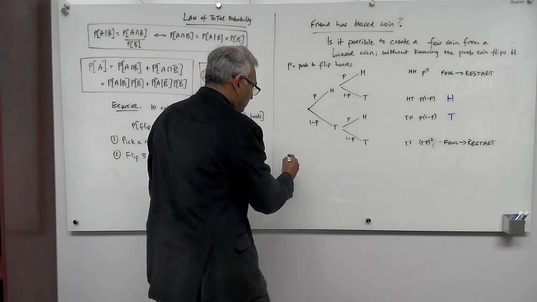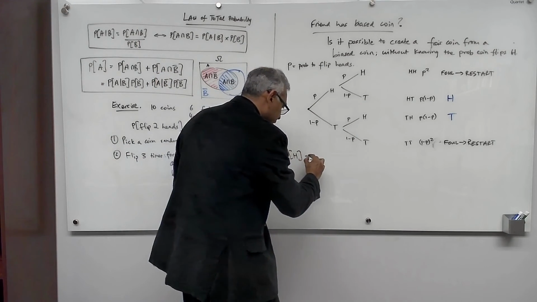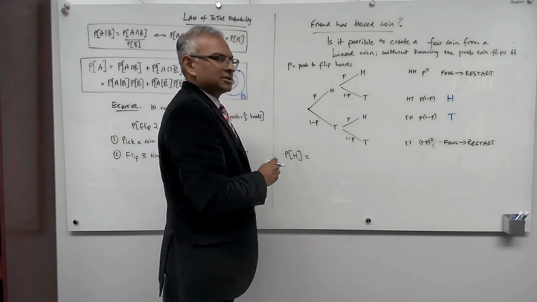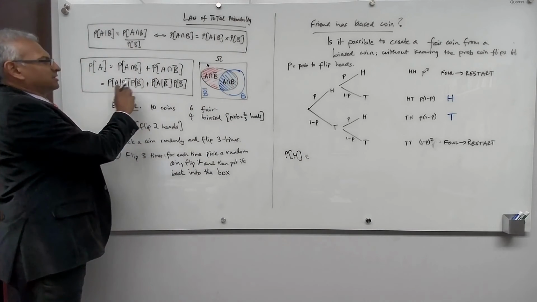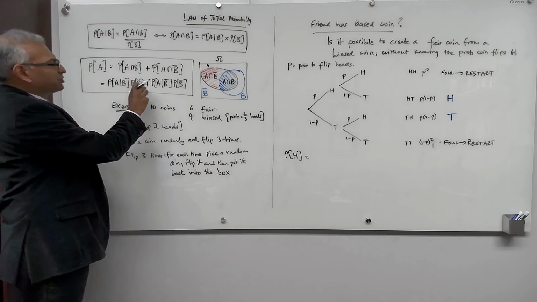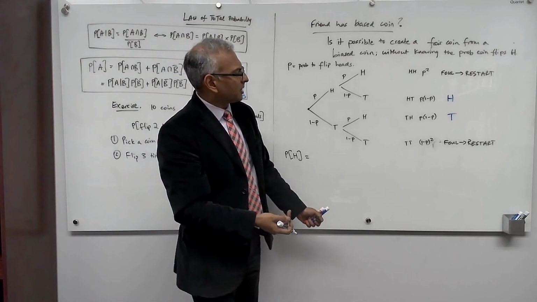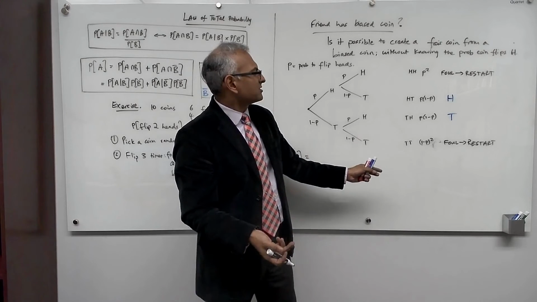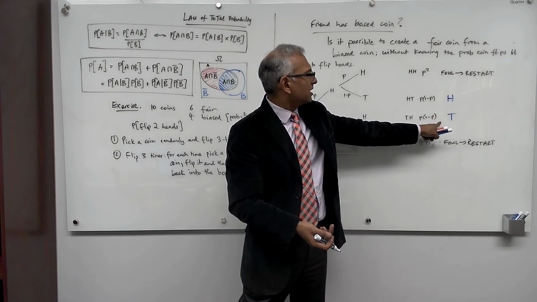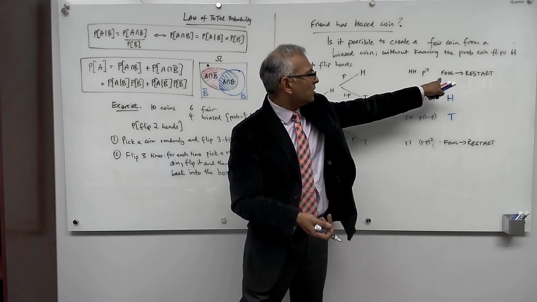So here, the probability of heads is equal to, now it turns out that unlike the standard law of total probability with 2 cases, there are 3 cases. Either you get heads, you get tails after 2 tosses, or you restart.